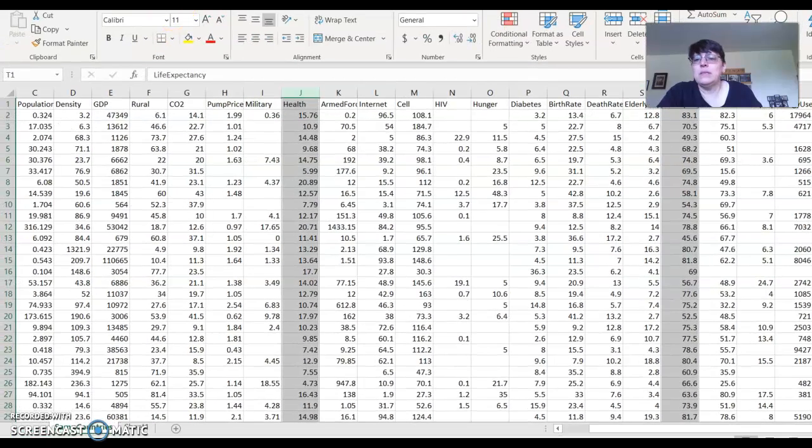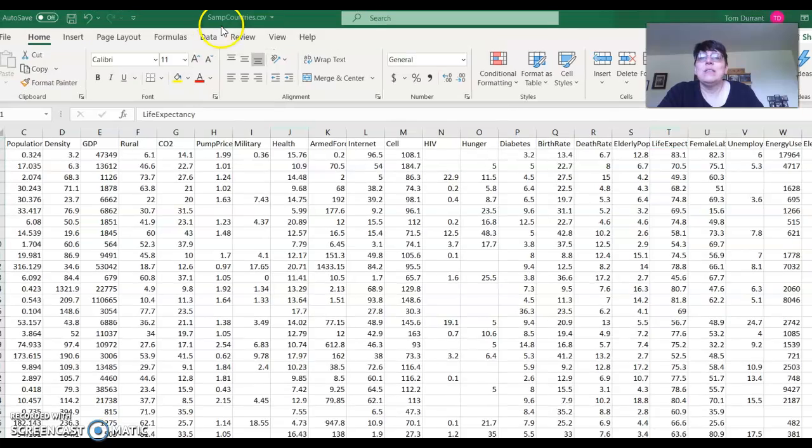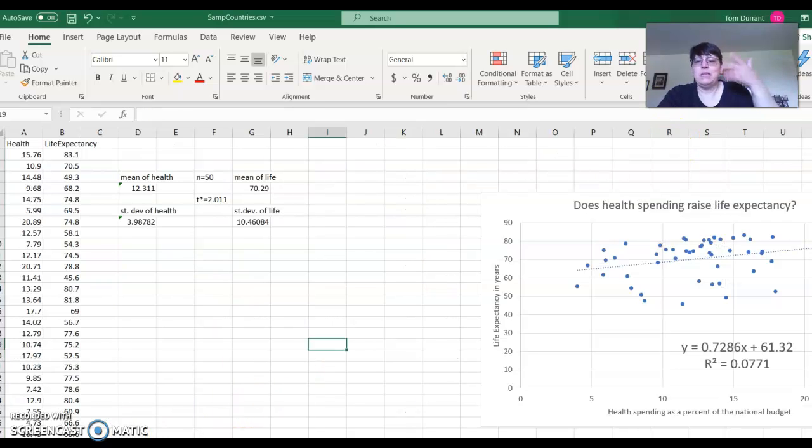I took the data, sample countries, and then I just copied health and life expectancy and pasted them onto the next row. So I could get the mean of health, standard deviation of health, mean of life, standard deviation of life.